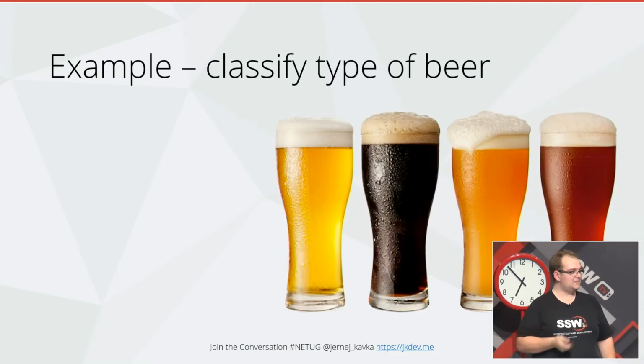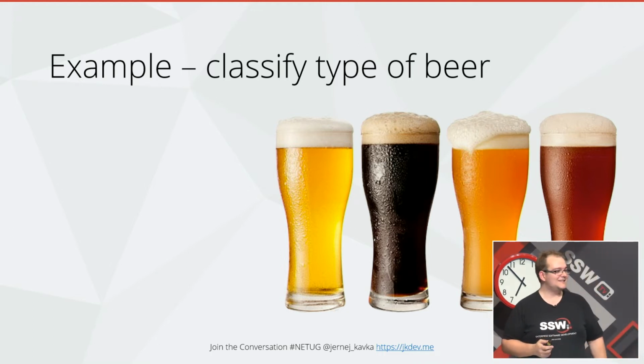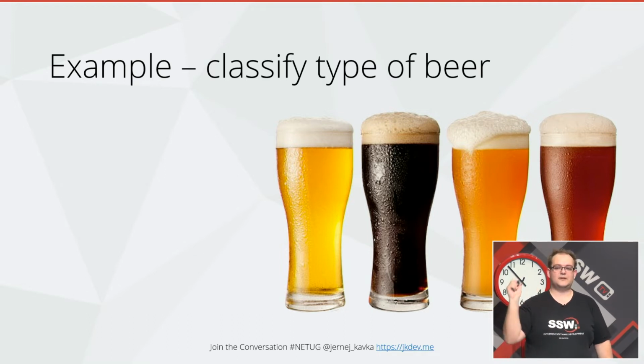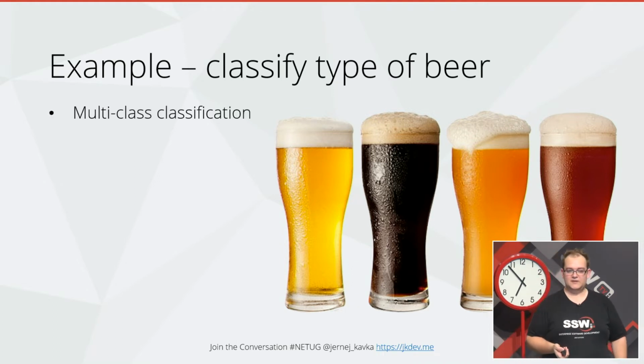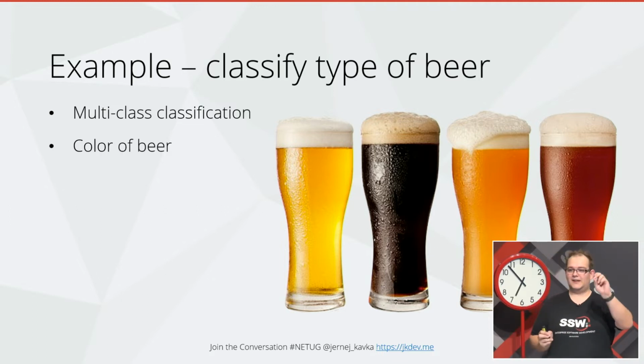And to give you a little bit more concrete examples, my favorite one is, say you have pictures of beer, but you want to just know what kind of beer they have, but you don't really have much data about it. What you can actually do is use multi-class classification and take the color of the beer.